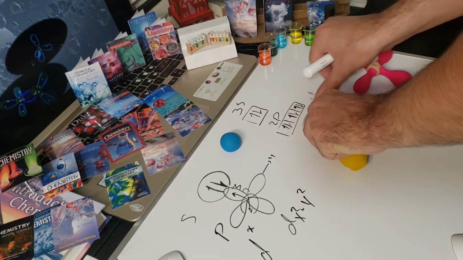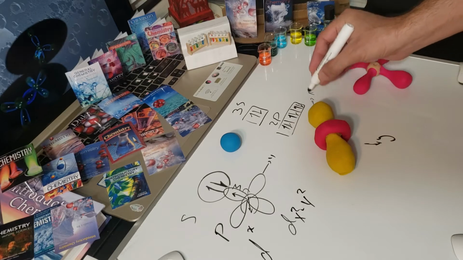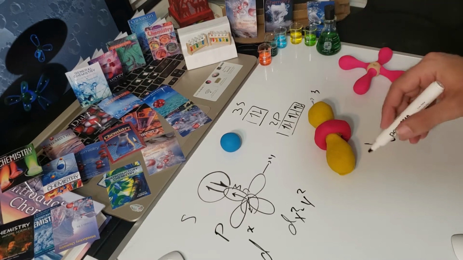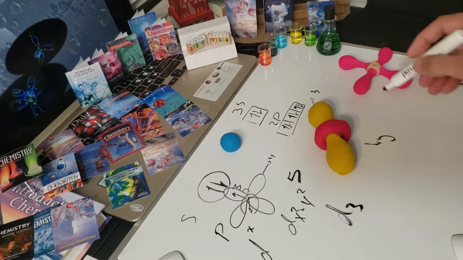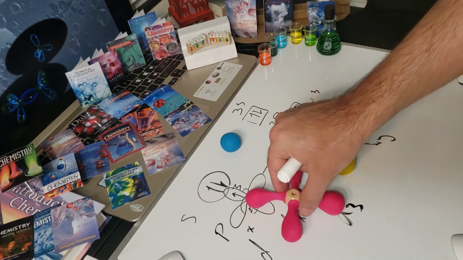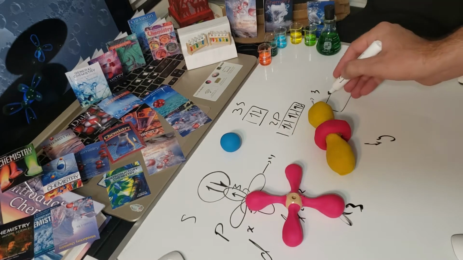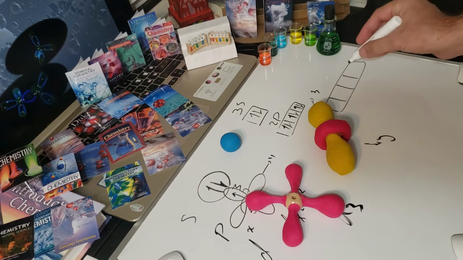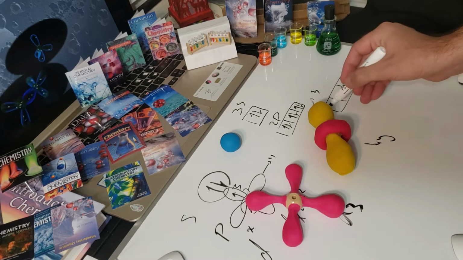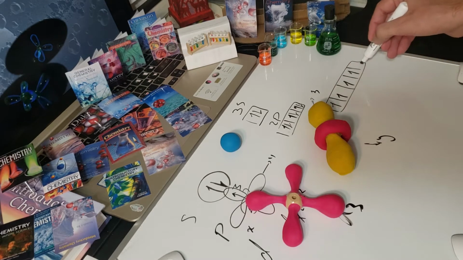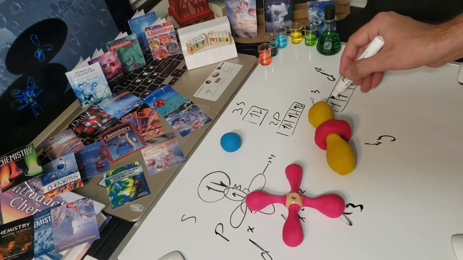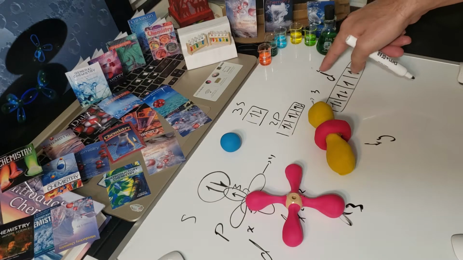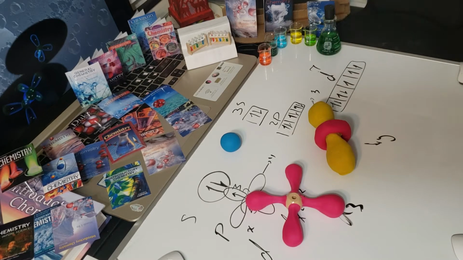There are 5 d orbitals, and if you want to represent the 5 d orbitals, you have to put a large box with 5 boxes. Let's say this is now d4, and d5, 6, 7. This would then be d7. Okay, so that's how it goes.